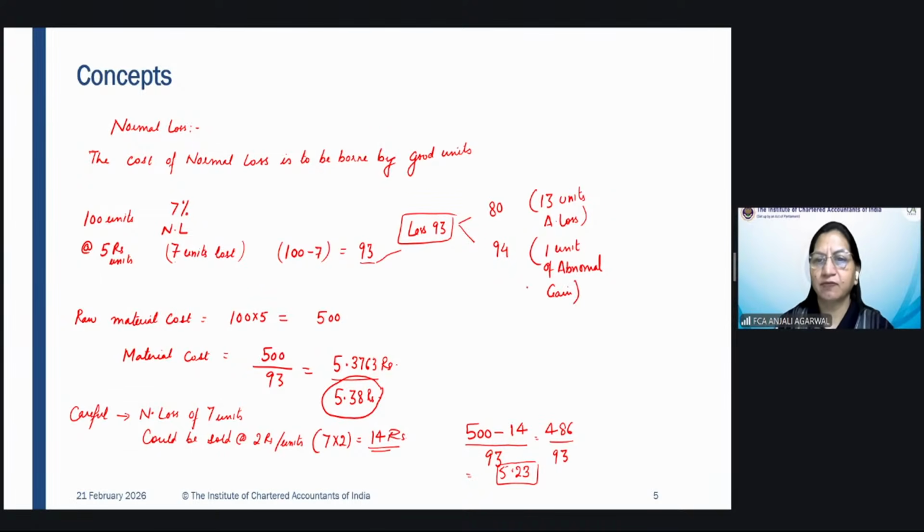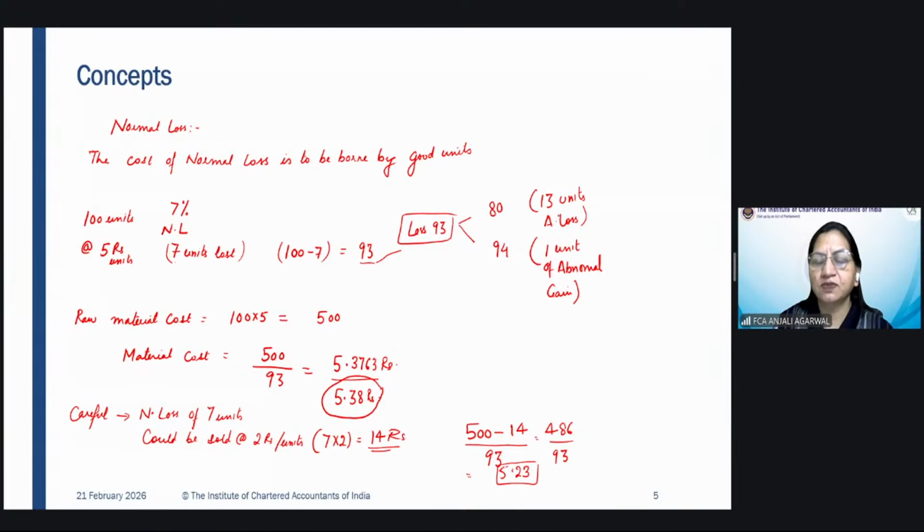If you remember, when I started the session on process, I made one assumption there itself, that we assume that the entire output of any process is subsequently transferred to the next process. So here, when I had 100 units, I should be having an output of 93 units. Then if I have transferred 80 units to the next process, I have assumed 13 units to be abnormal loss, on the premise that the entire output moves to the next process.